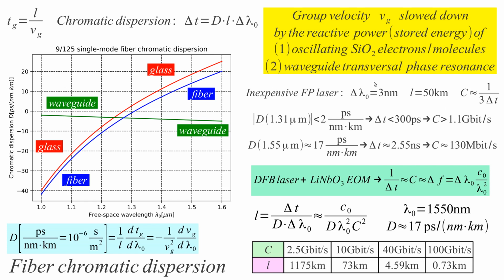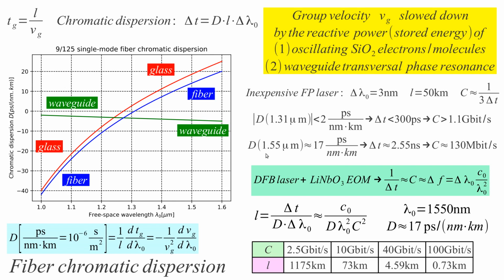Here, the bandwidth of the laser is much broader than the bandwidth of the modulation. Bandwidth of the modulation here is 1 gigahertz. Laser 3 nanometers. 3 nanometers is around some 400 or 500 gigahertz. So this is much broader.